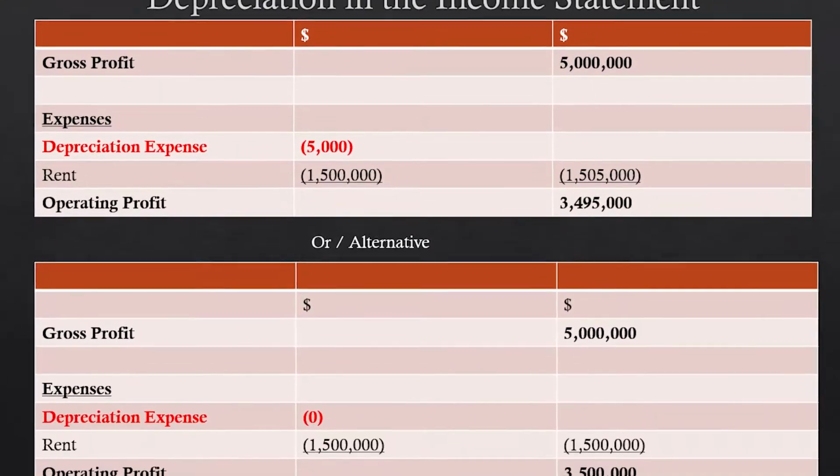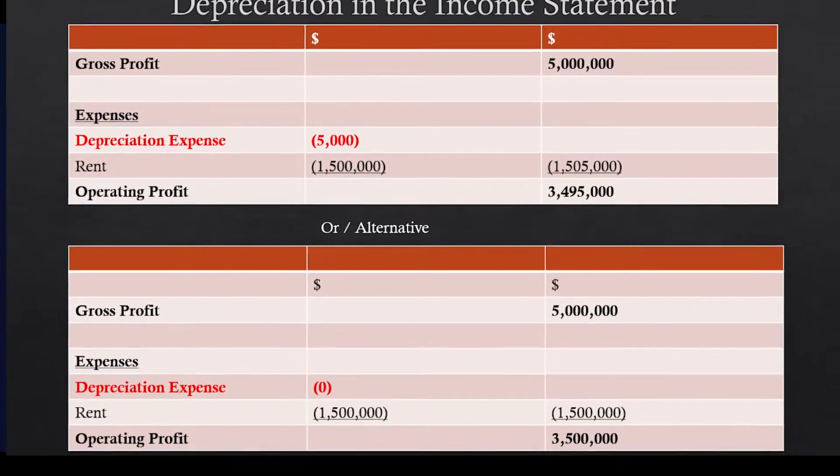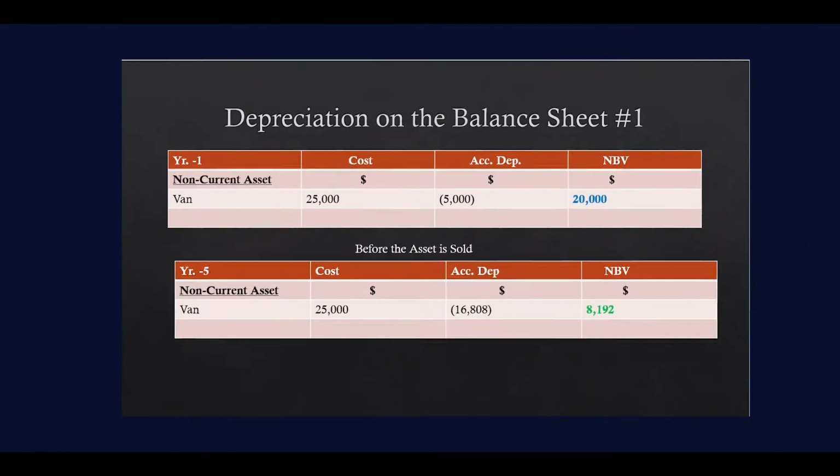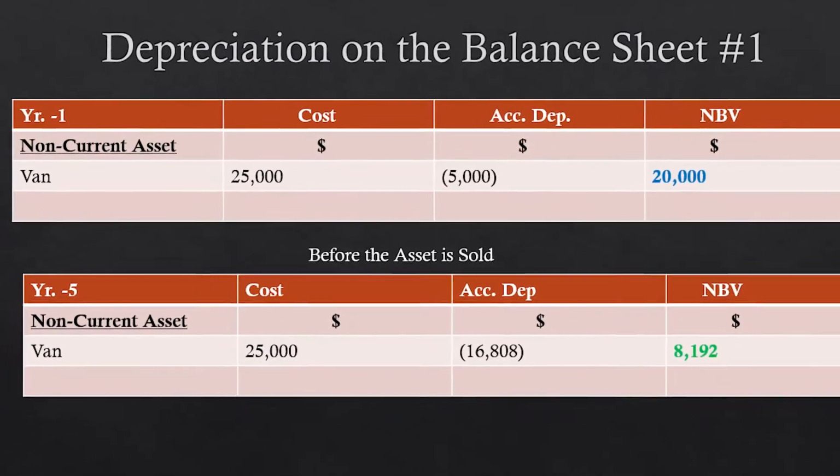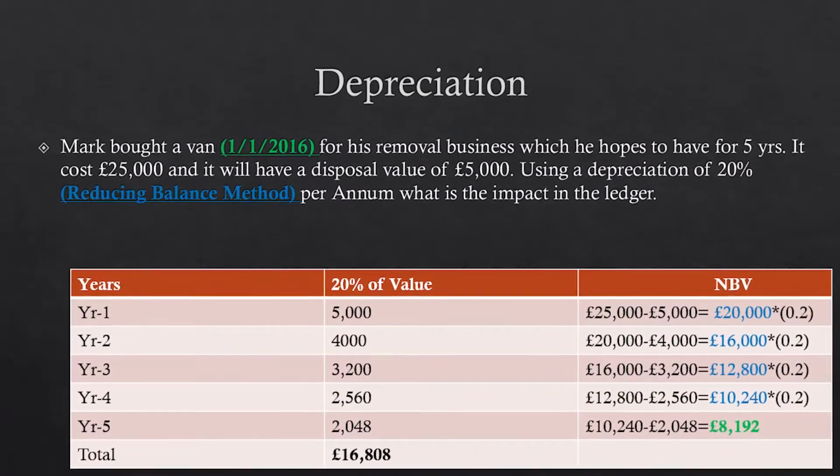Now, let's look at an example. Let's say you were fortunate to have a gross profit of 5 million. And let's look at what happens when we looked at an example earlier. We looked at an example where we considered a van that was bought for 25,000, depreciated for 5 years. Now, in year one, the depreciation as calculated per the example was 5,000.